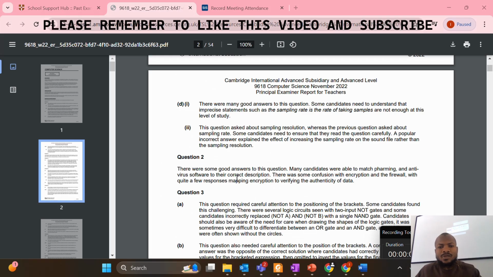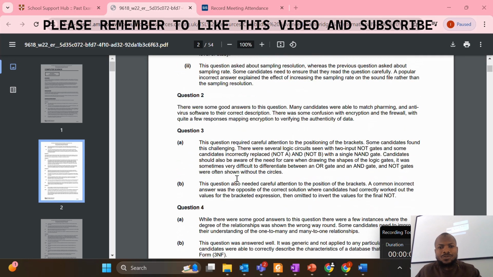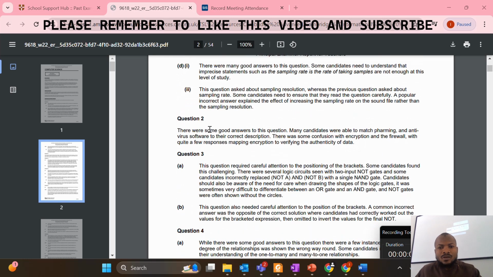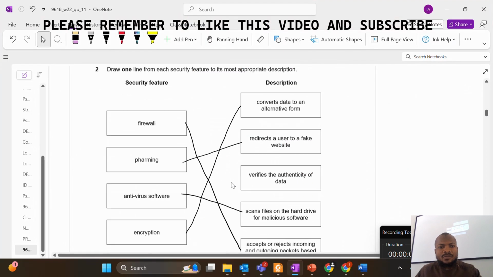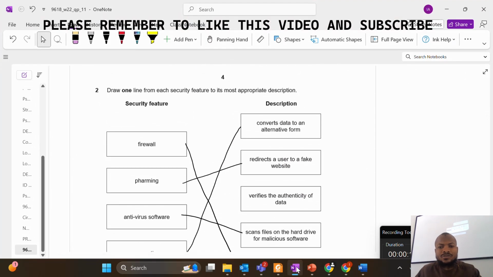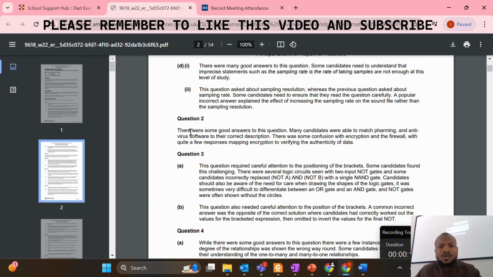Okay, let's explain the examiner's report for question 2 and 3. For question number 2, on security features and description, there were some good answers. Many candidates were able to match firewalls and antivirus software to their correct description.